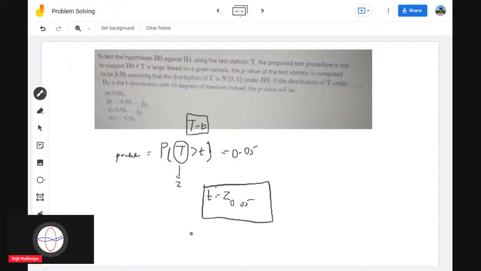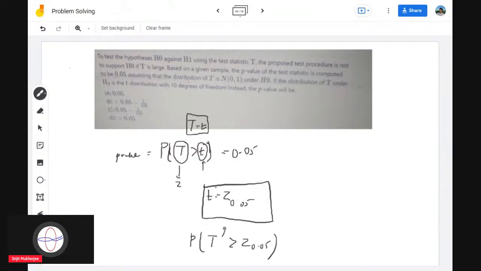Now they are telling that this t is different. This t is actually a t distribution, so it's asking this probability now. If this is normal, then this turns out to be this, so the cutoff must be z 0.05. But they are saying this is different.